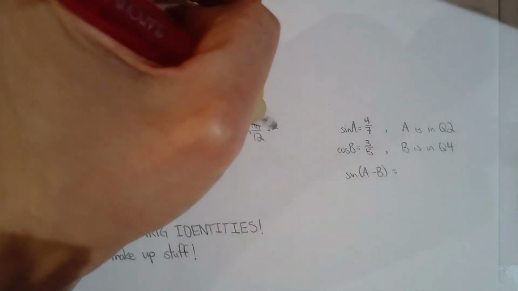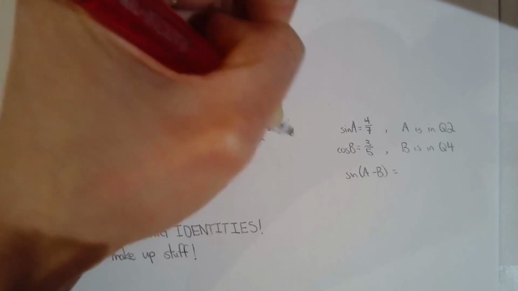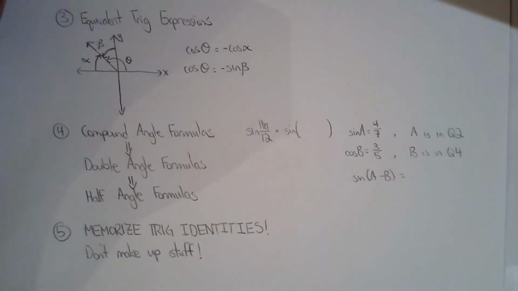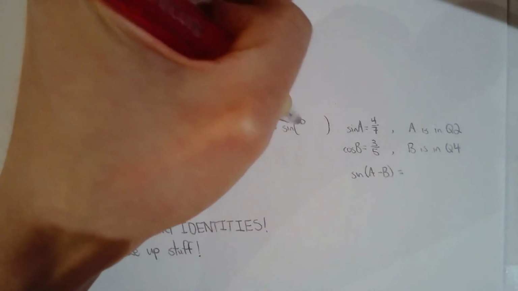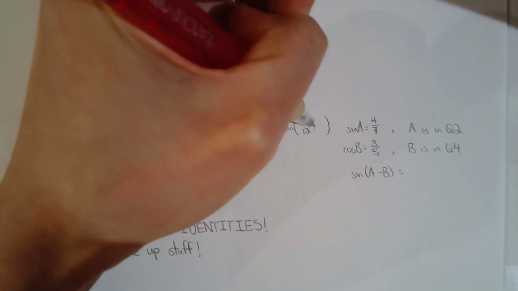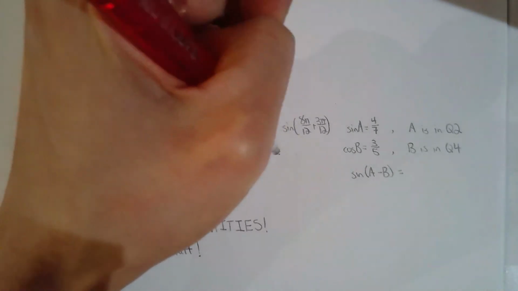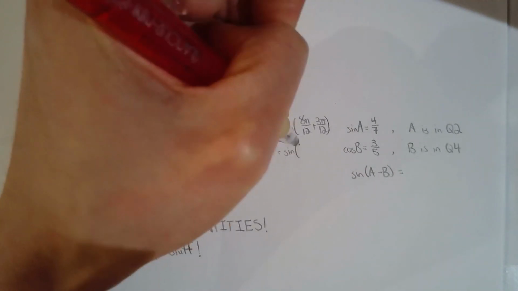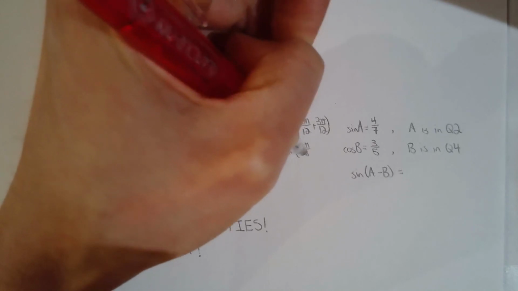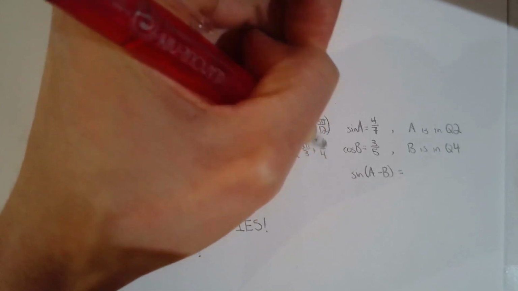So what you do is break apart 11 pi over 12. So 11, how about 8 and 3? 8 and 3 sounds like a good idea because 8 pi over 12, if you do that, that's 2 pi over 3, and 3 pi over 12 is pi over 4.